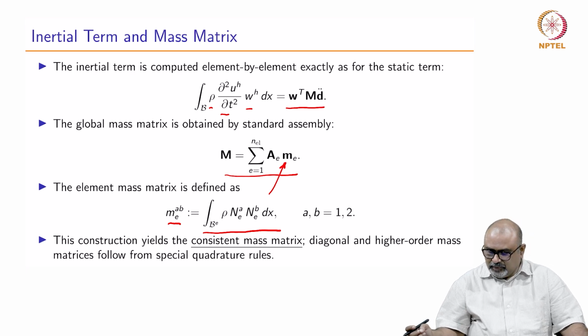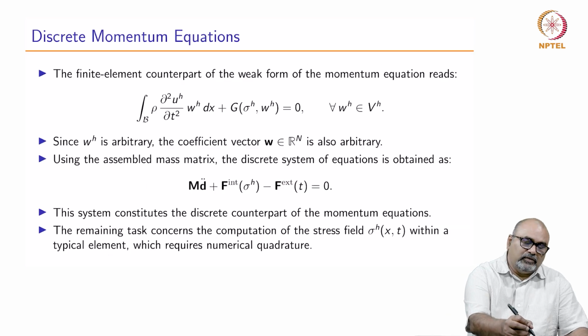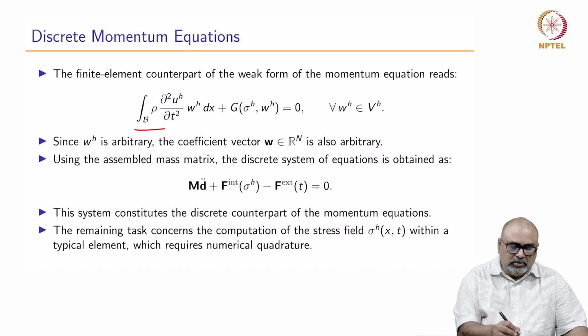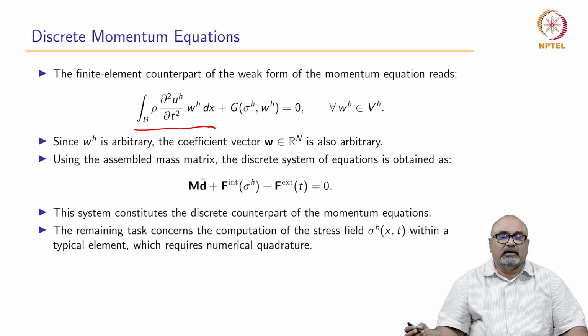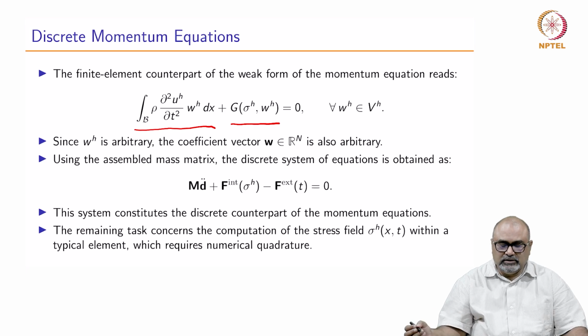This is going to be diagonal, and we can evaluate using quadrature rules. So, the finite element counterpart of the weak form of the momentum balance will read: integral over the domain of rho ∂²u^h by ∂t² w^h dx plus G of sigma^h comma w^h is equal to 0 for all w^h belonging to the admissible set of functional space V^h.